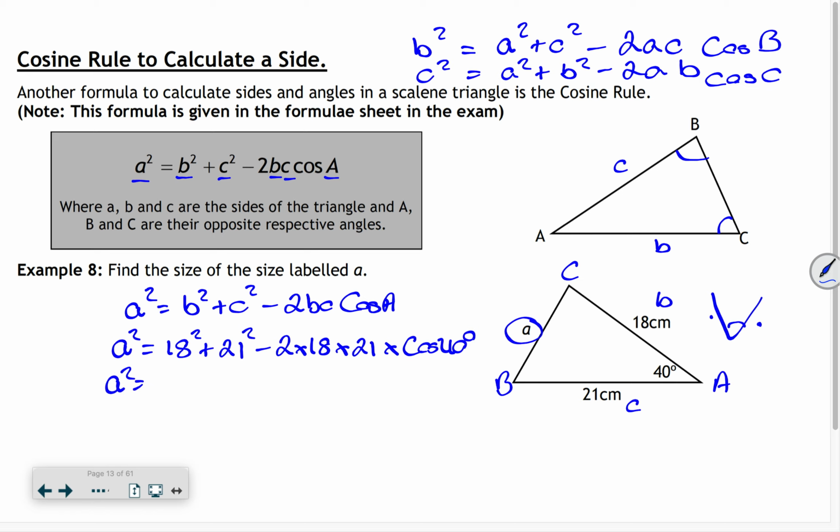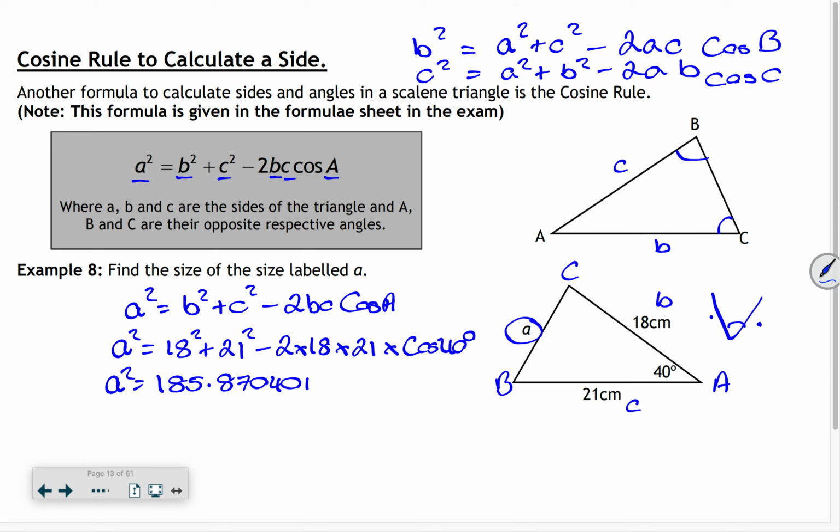And then all you do is what you see there, you just type that into your calculator and let your calculator do the hard work. So 18 squared plus 21 squared minus 2 times 18 times 21 times cos 40. And we get 185.870401.